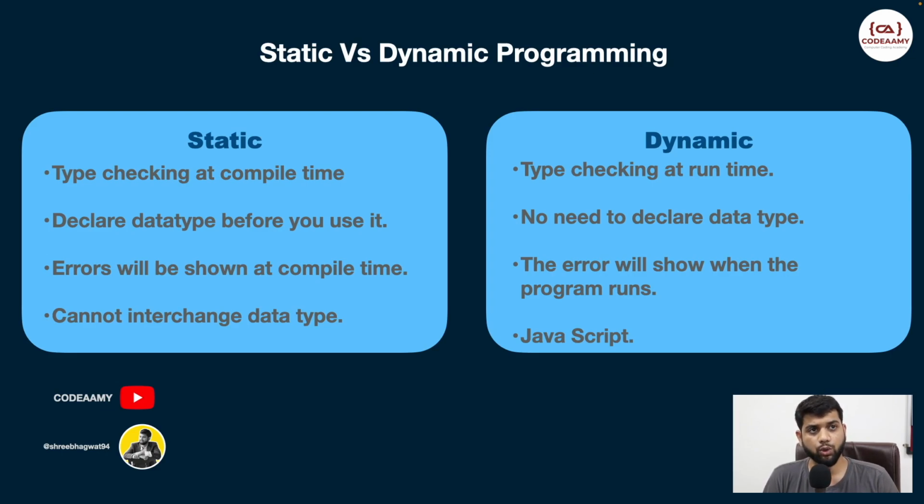So the first point you will see in static is type checking at compile time. Before we move on, let us first understand what type checking is, or what types are. We will explore those topics in our future videos, but just to understand, every property or value that we hold has some type.